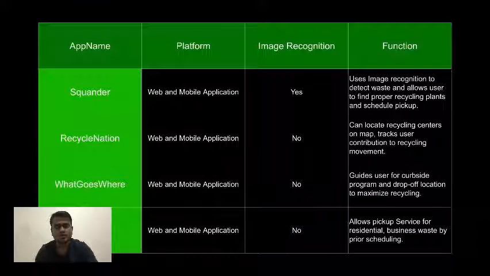Our app, Squander, overcomes all these defects, and it uses image recognition technology to detect waste from an image and allows the user to categorize the waste that can be recycled, and also notifies the user to schedule the pickup to recycle a particular type of waste.